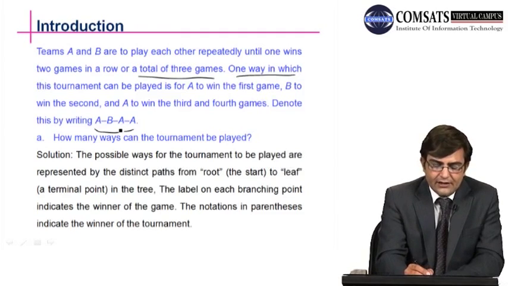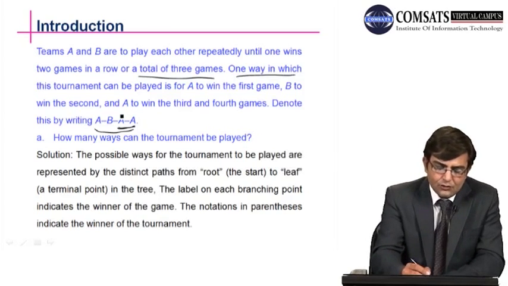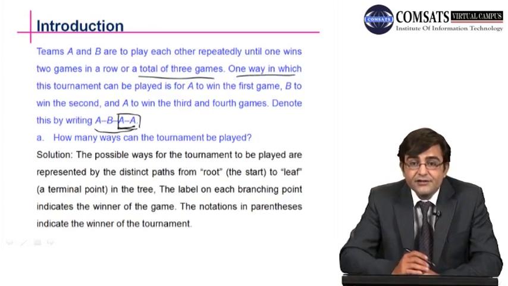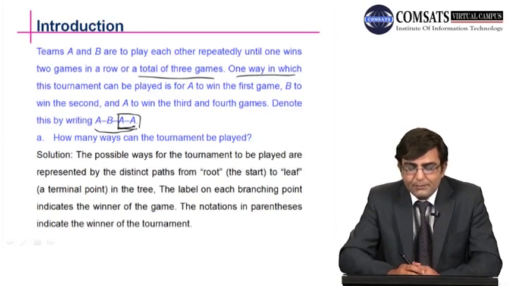If we see it the other way, team A has won 2 games in a row, therefore here also team A wins. So the question is, how many ways can the tournament be played?